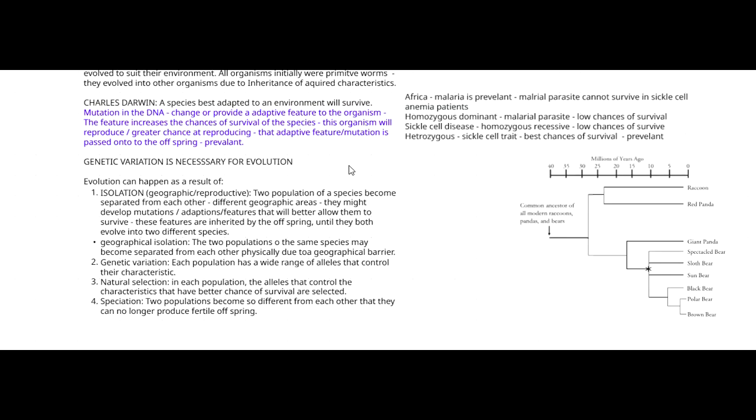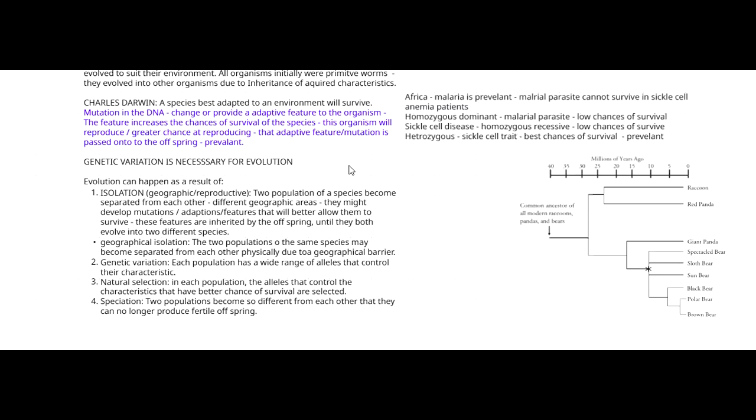Endemic means that a specific species is only found in one certain area. When a species is found only in one certain area, we say that the species is endemic to that area.